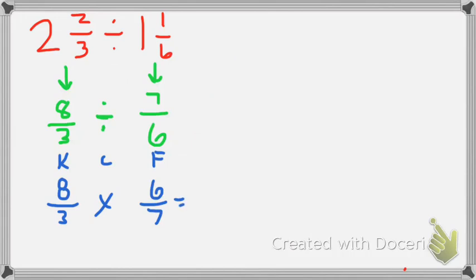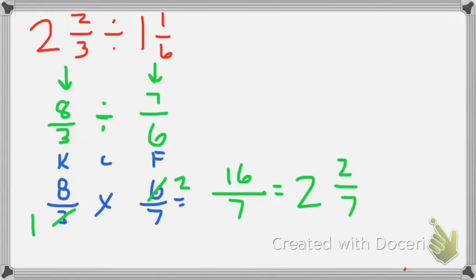So I can do and get 48/21, or I can cross multiply. Can't cross multiply 8 and 7, but I can cross multiply 6 and 3. So 3 into 3 goes 1, and 3 into 6 goes 2. So 8 times 2 is 16. 1 times 7 is 7. 7 goes into 16 2 times. 16 minus 14 is 2/7.